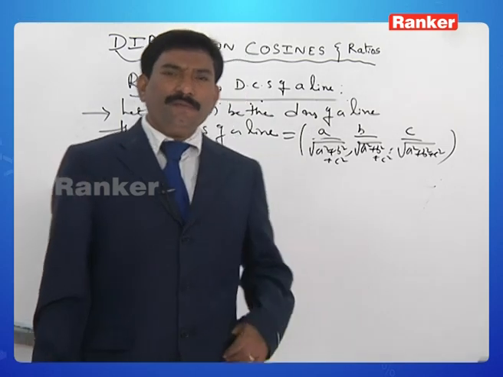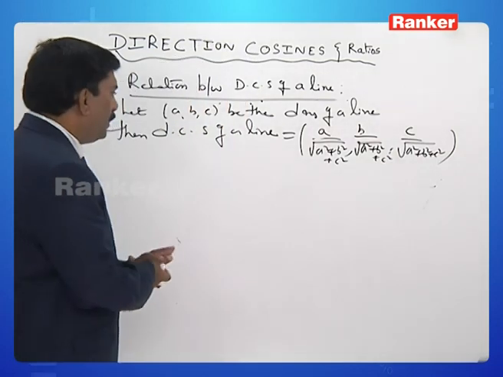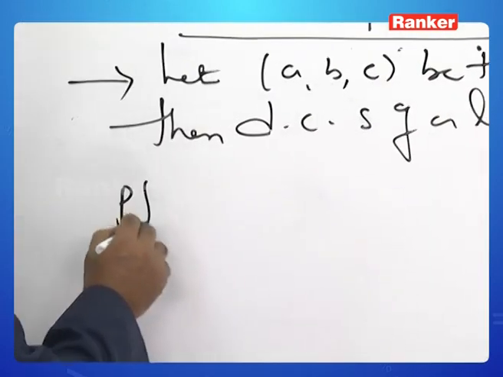Followed? So therefore, now what I do is A by this, B by this, C by this. So now I can write the proof of this one.